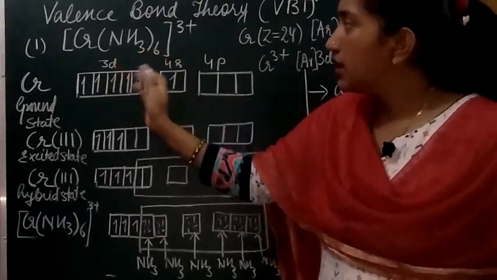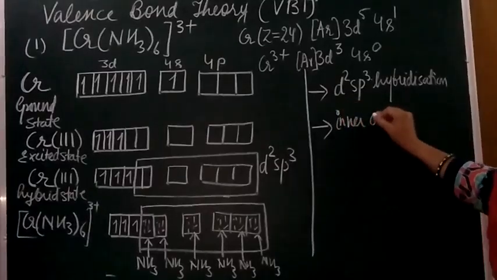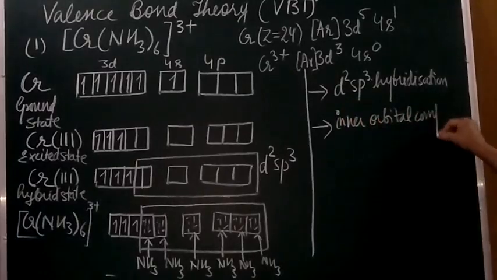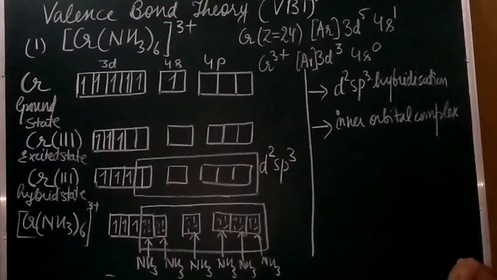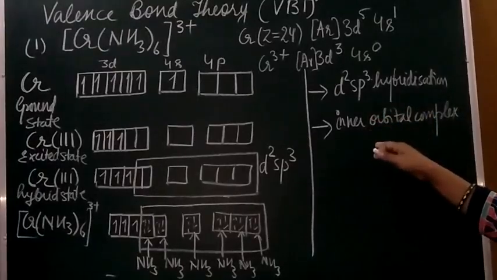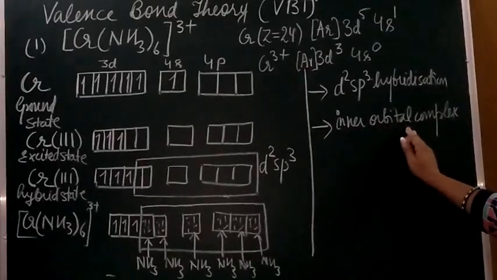So it is inner. So this is forming an inner orbital complex. It depends upon which d subshell is getting involved, n minus 1 or nd, right? It will be known as the inner or outer orbital complex. So it is an inner orbital complex.